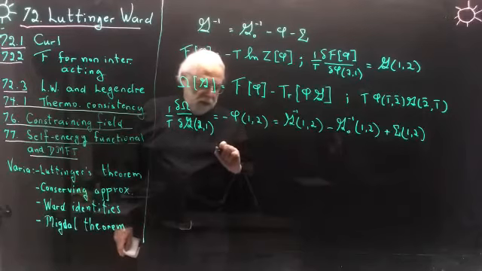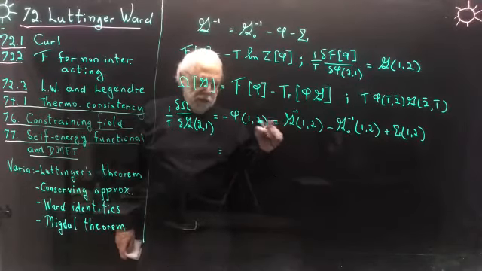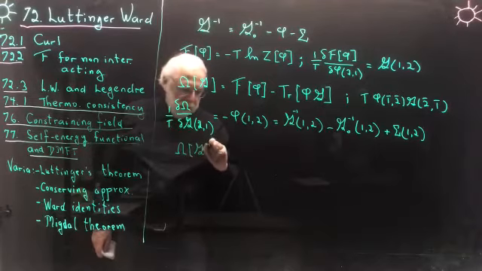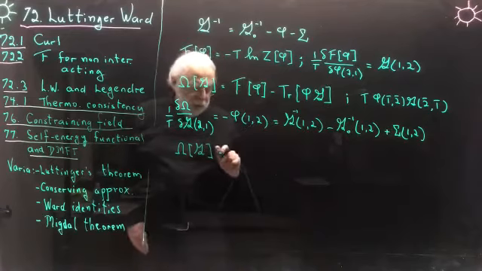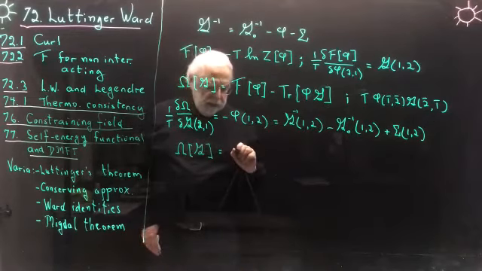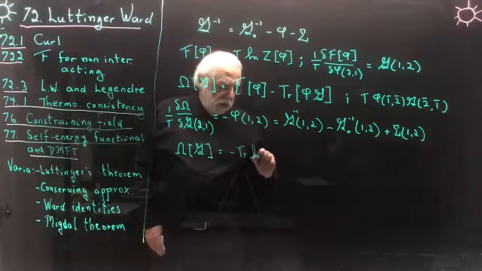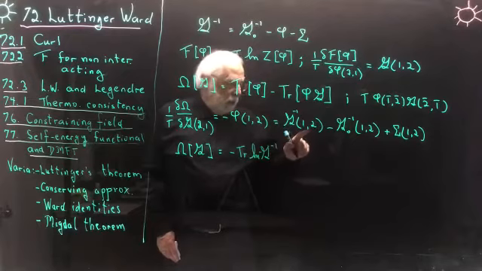So here, with this G minus 1, I will write that omega as a functional of G is equal to the integral of this, right? So the integral of this is minus trace of the log of G minus 1. And that's the integral of this.